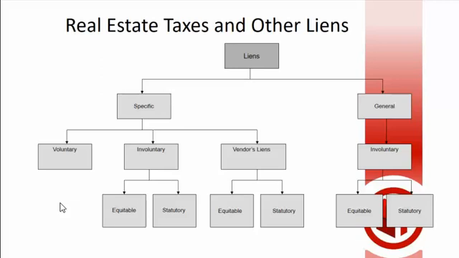Now, there is no statutory voluntary, I told you that, because there's no such thing as a statutory law. Under the involuntary, there are two values. One of them is, guess what? Equitable. The other, statutory. What is a statutory, involuntary, specific lien? A law that someone else has chosen to do to you against your specific piece of property. Come on.